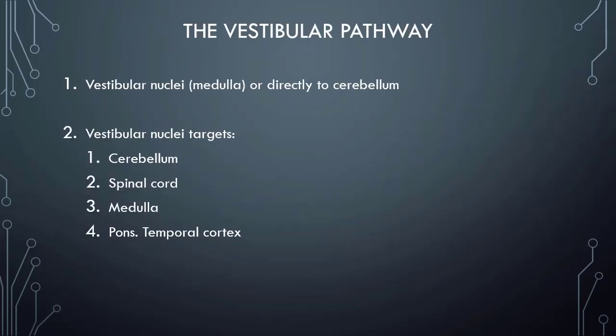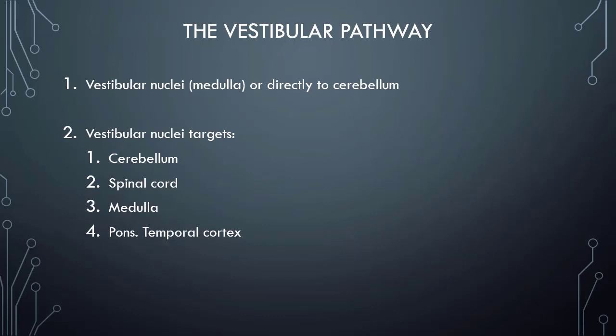In terms of the pathway, there is a vestibular ganglion that is pretty much at the exact same spot as the cochlear ganglion. And really the cochlear and vestibular projections combine at some point in what some people call the cochlear nerve, but what most textbooks would actually call the vestibulocochlear nerve.